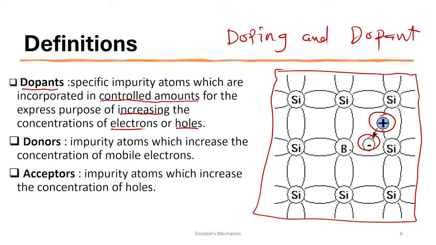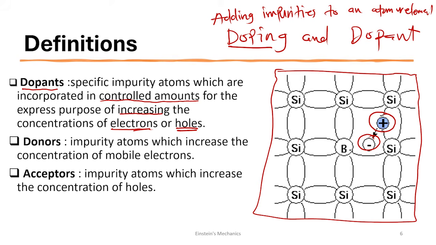Very good. So anything we add to increase electrons or holes becomes a dopant, and the activity of doing that is what is called doping: adding impurities to an atom or to an element. Are we okay? That's doping.